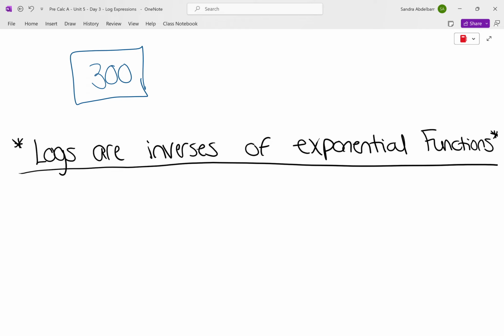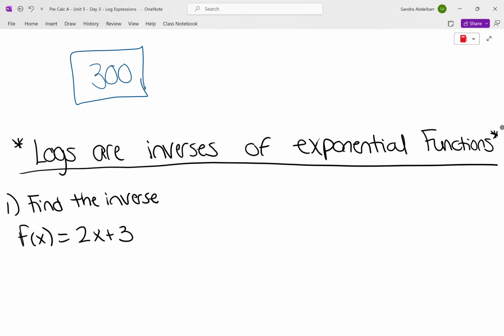So let's just refresh our memories in general how we find an inverse. I'm going to take a super simple linear equation. I'm going to ask you to find the inverse of f of x equals 2x plus 3.